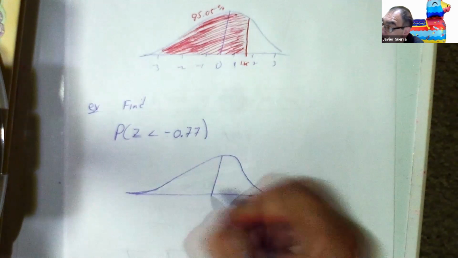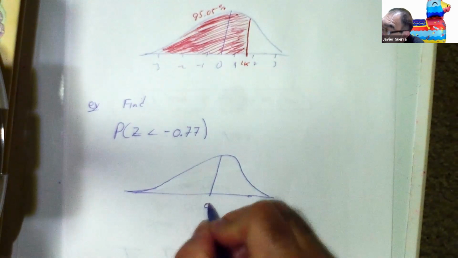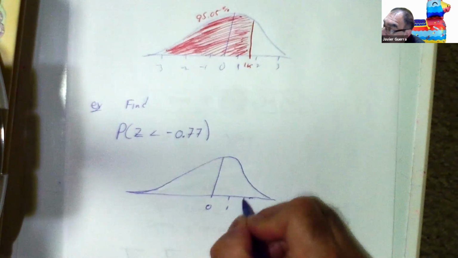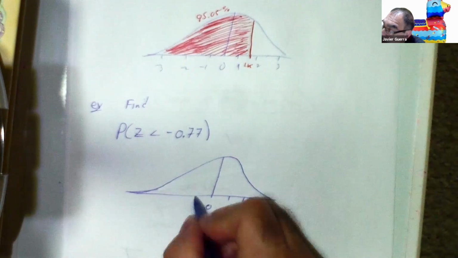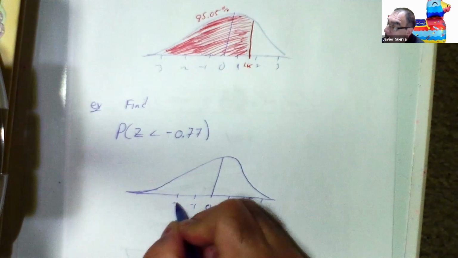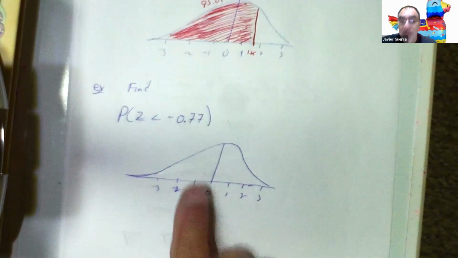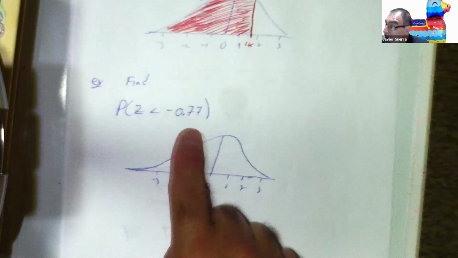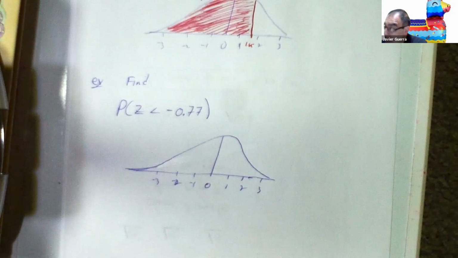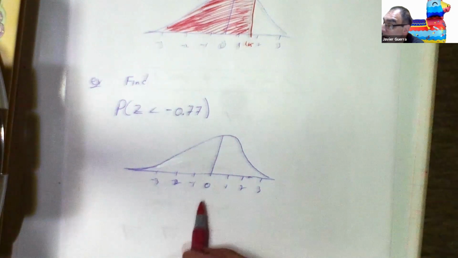That one stunk. -1, -2, -3. Right? Now I want to plot negative 0.77. Well, I know it's between 0 and -1.